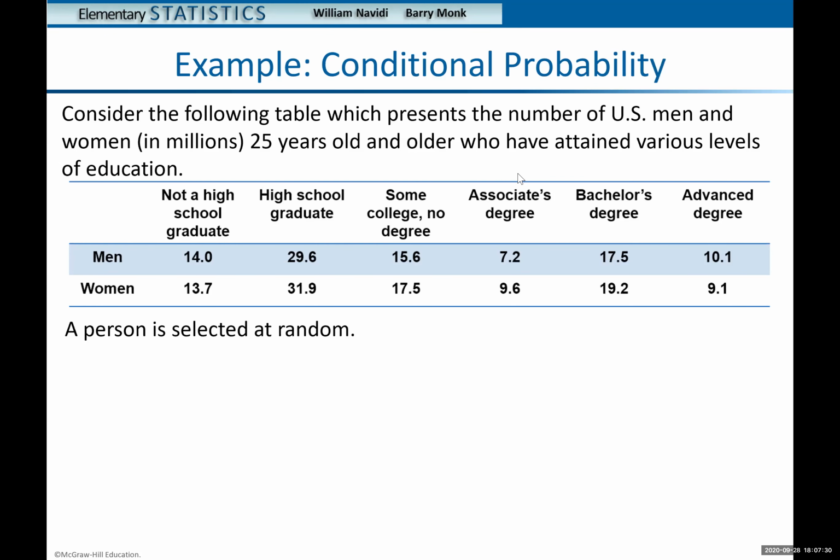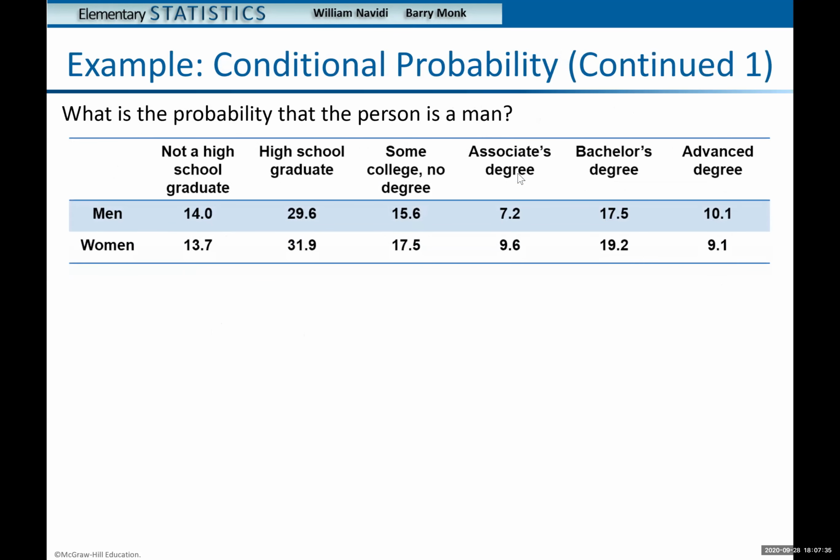Then a person is selected at random. Now we're going to answer, what is the probability that a person is a man? Add up all the men.